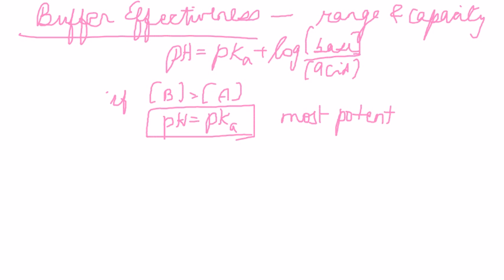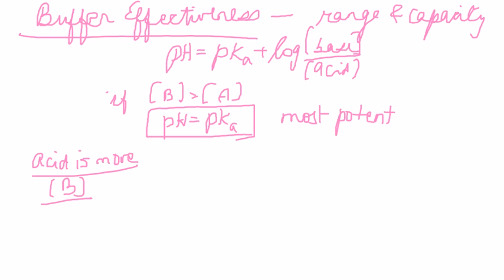But if you don't have these in equal concentrations, and let's say the ratio between the base to acid is 1 divided by 10, that means the acidic component is greater, so acid is more. Like I said in class, it can only be in the ratio 1 to 10 or 10 to 1. That's the maximum limit.